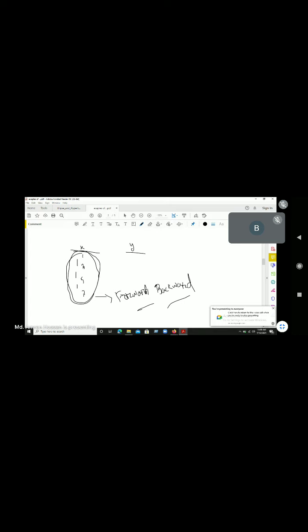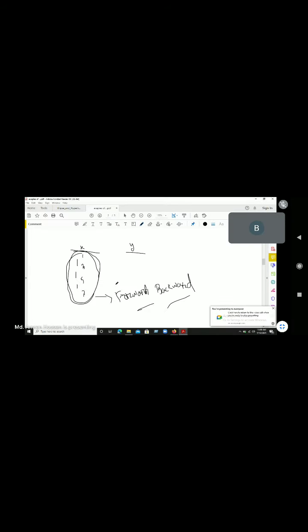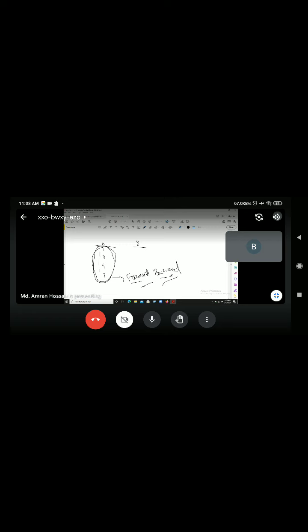Forward and backward interpolation method. Please respond. If you are hearing, you should respond. When the space is equal, at that time we use the forward and then backward interpolation method. So we already discussed this, okay?